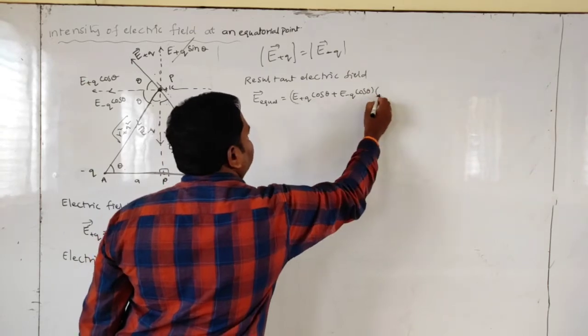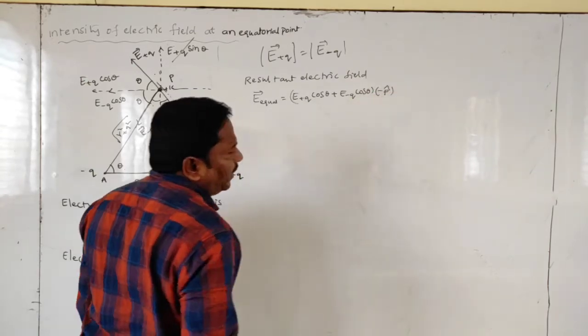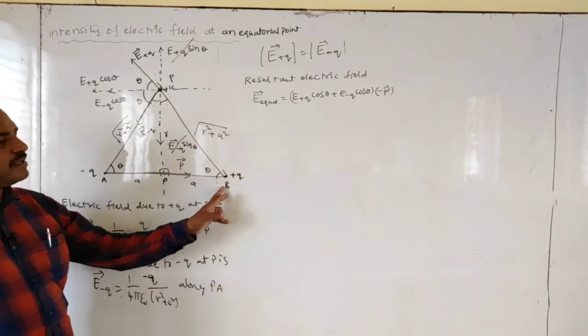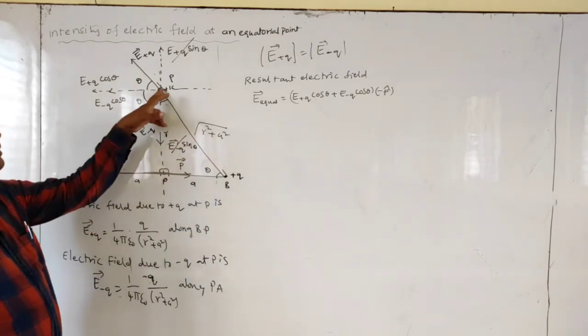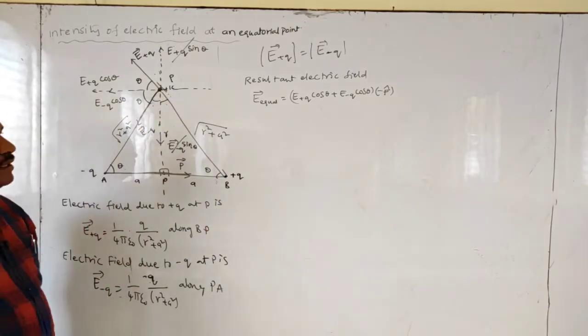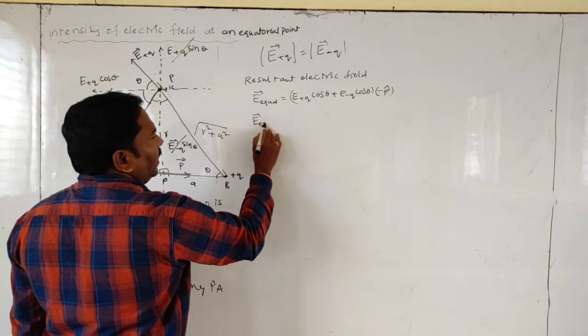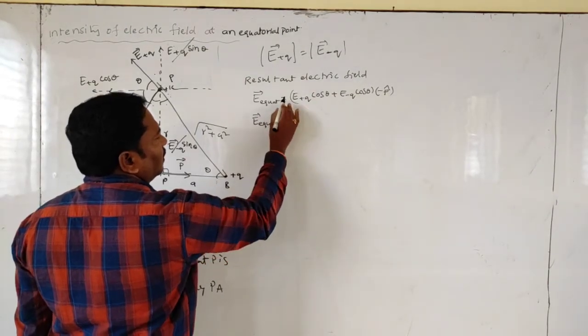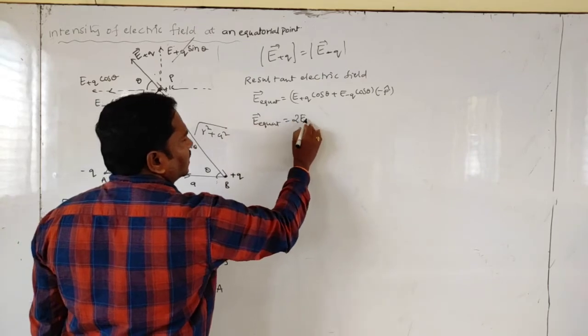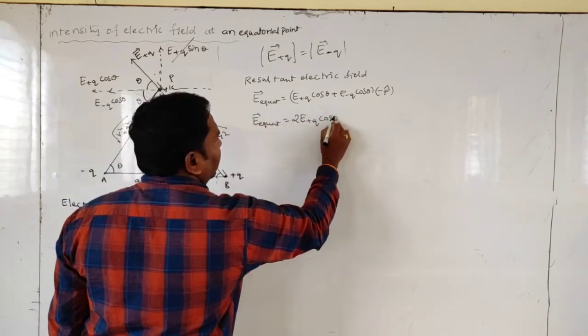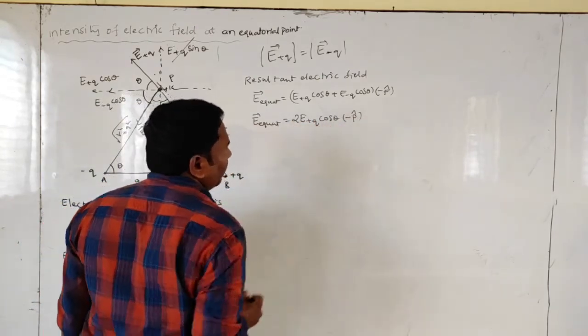Its direction is opposite to the dipole moment direction. The dipole moment is in this direction, the resultant electric field is opposite. So both are the same. Now E equatorial equals 2 times E plus Q cos theta, it's minus P cap.